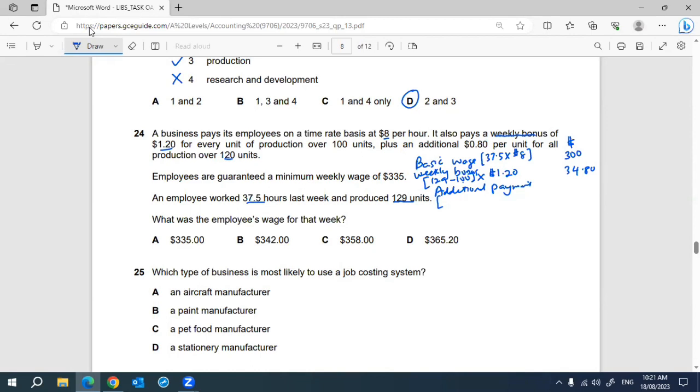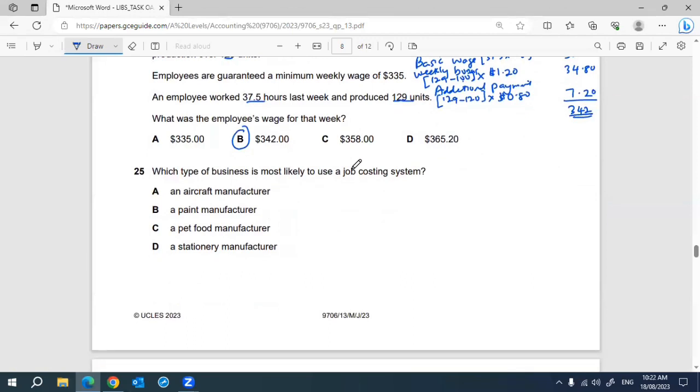So since it produced 129 units, it will be 129 units minus 120 units and multiply 80 cents per unit. And this would give us an answer of $7.20. So summing all this up would give us an answer of $342. So therefore, the correct answer is B.